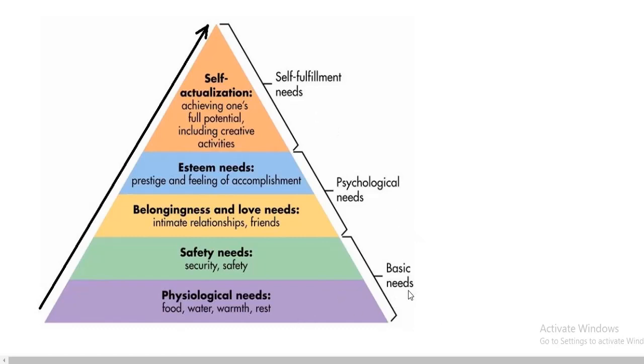For the basic needs, these are the physiological needs such as food, water, warmth, and rest, which is shelter, definitely. And also the safety needs, a higher level. It's a hierarchy, so it goes from the bottom to the top like a pyramid. Safety needs, which is security, or actually safety. So we have 2 important things that go with the basic needs here: security and safety.